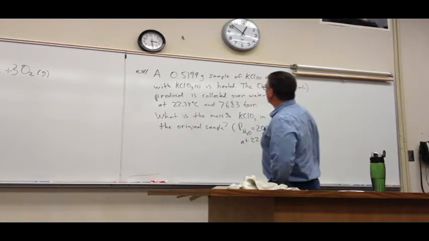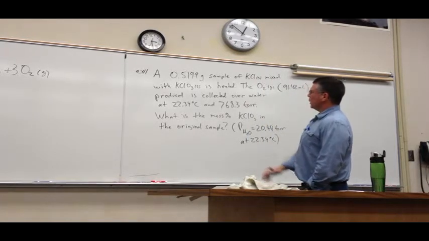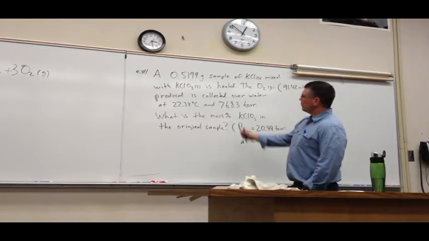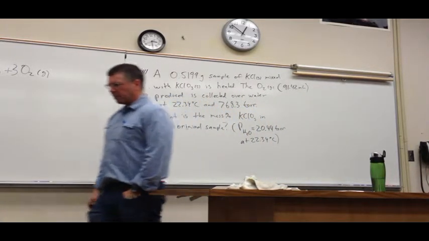You get 91.42 milliliters of oxygen gas at 22.34 Celsius instead of 68.32. What we want is the mass percent of potassium chloride.